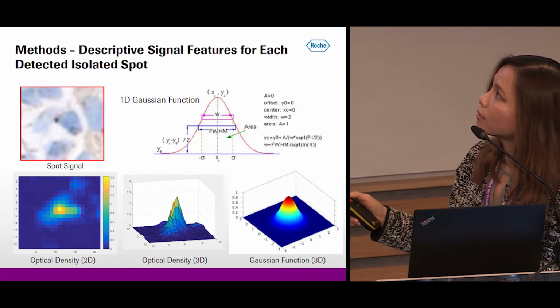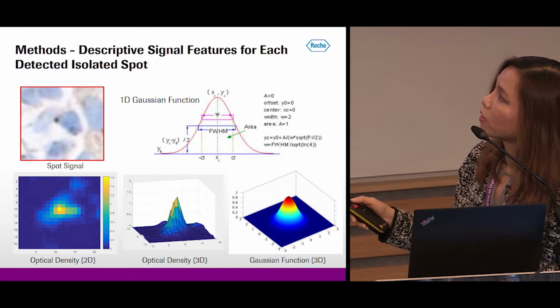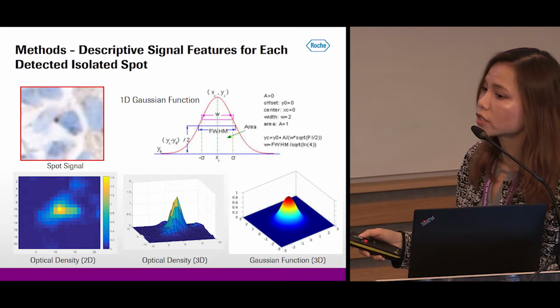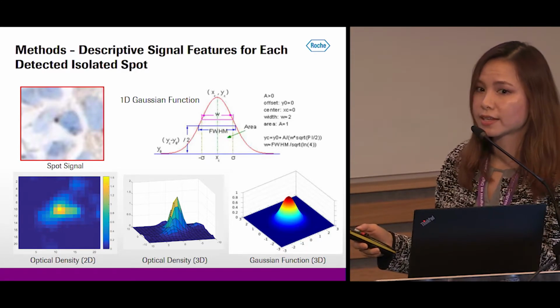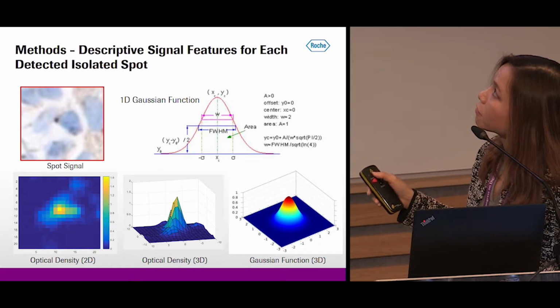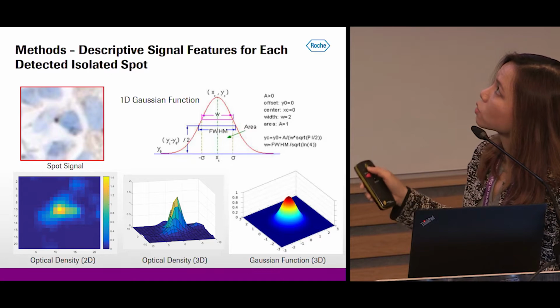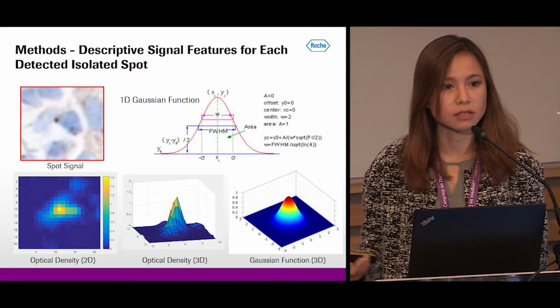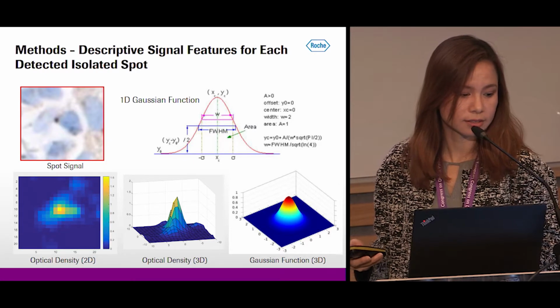In each image patch centered on the signal, we use the Gaussian fitting function to derive the related parameters of the Gaussian. For example, we can derive the standard deviation and also the mean of the signal to represent the characteristic of the dot.